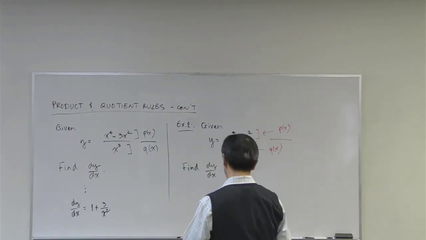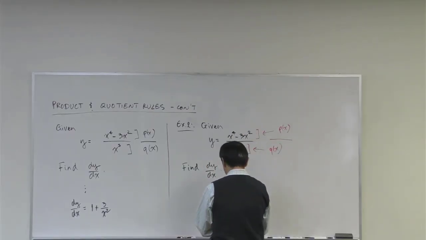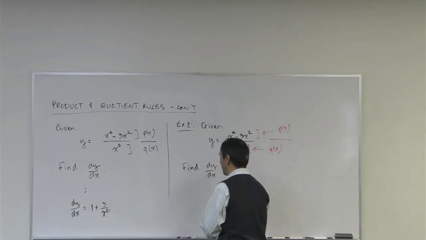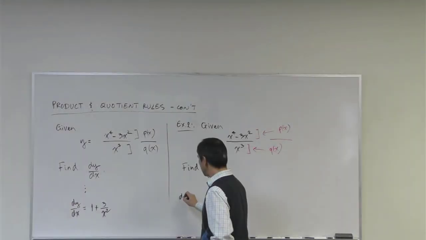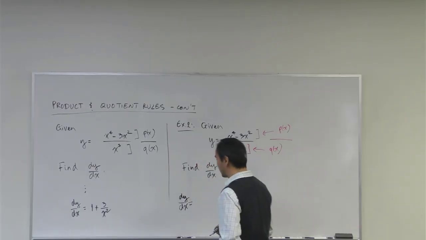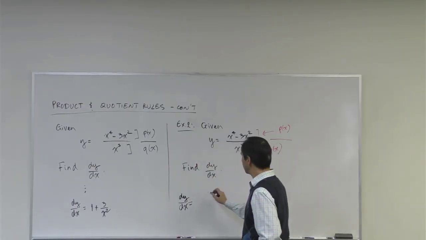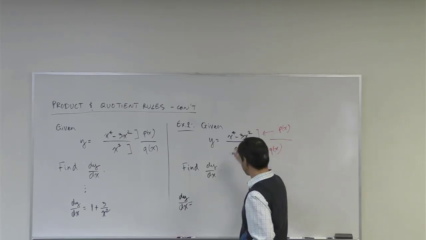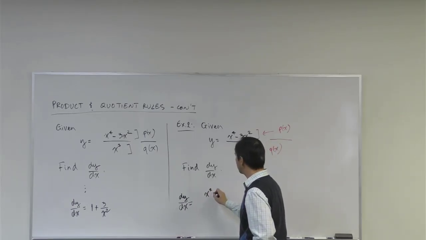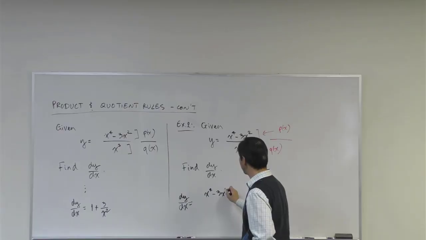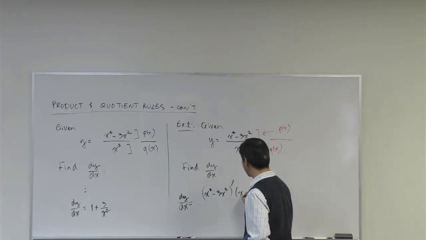And so in that way, over here, same function this time, but let's apply the quotient rule to find the derivative. So dy dx, you can just get straight into the derivative right here without beating around the bush with the algebra. So it says p prime of x. So I'm going to have x to the fourth minus 3x squared, but we take the prime of that, right? And we multiply with the function from the denominator without the prime.